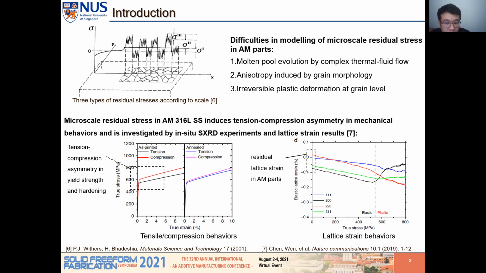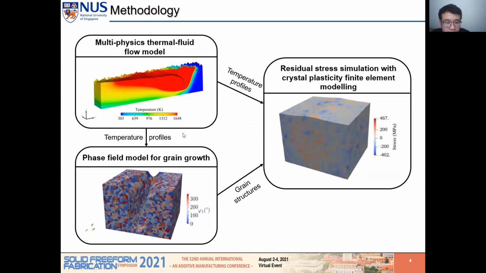Microscale residual stress of AM parts has been studied by previous works and can be revealed by the tension-compression asymmetry in the mechanical behaviors and the residual lattice strain during in-situ X-ray diffraction tests. We will take these as references to establish and validate our model.